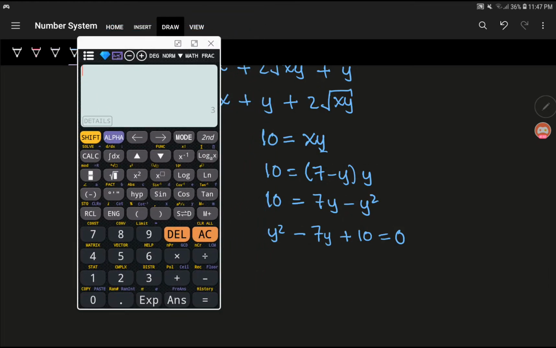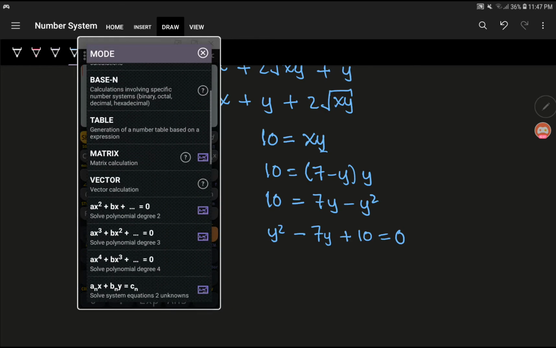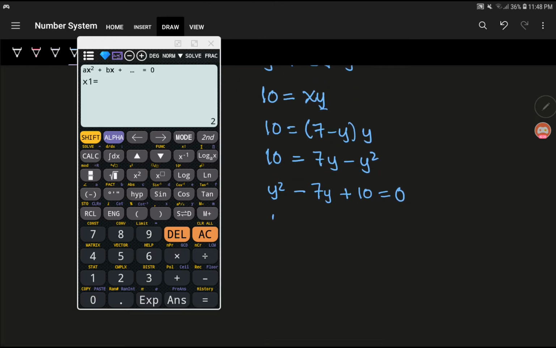Sorry, supposed to be this mode. So we have 1, negative 7, and then plus 10. Is it correct? Yes, plus 10. Okay, so we have our answer now: the first y is 2, the second y is 5.